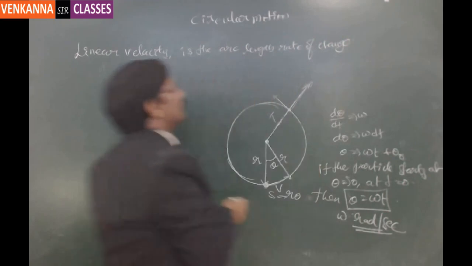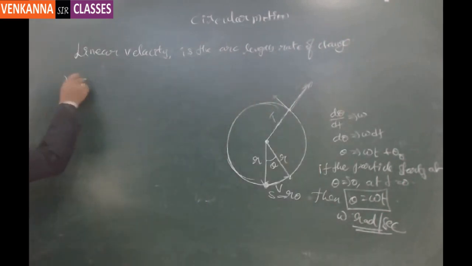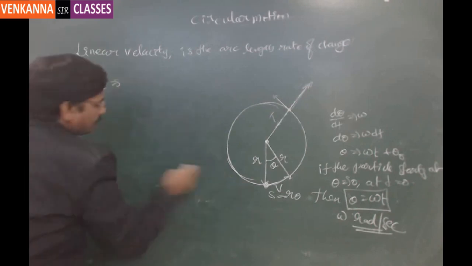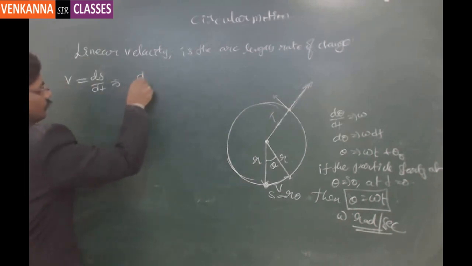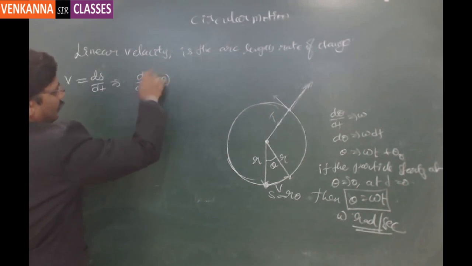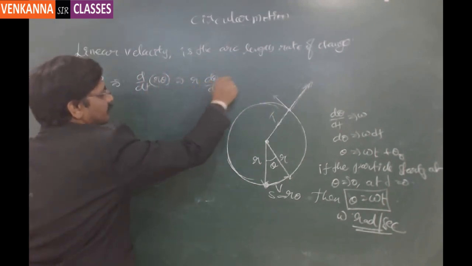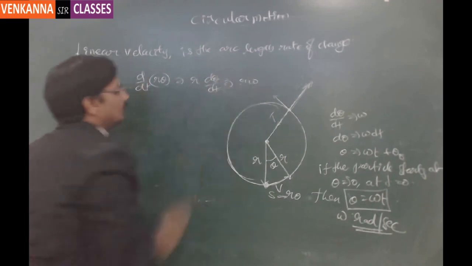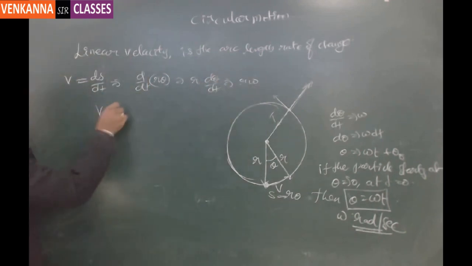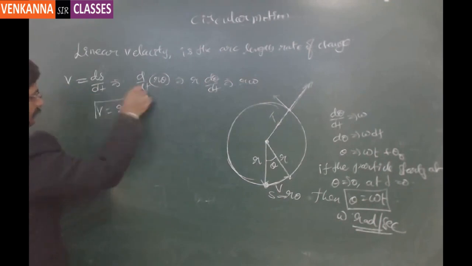This is usually represented with the letter v is equal to ds by dt, but s can be treated as r theta. So d by dt of r theta, and r being constant, r d theta by dt is equal to r omega. So the popular relation v is equal to r omega comes from this.